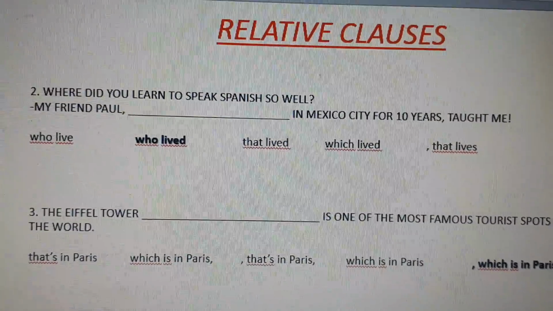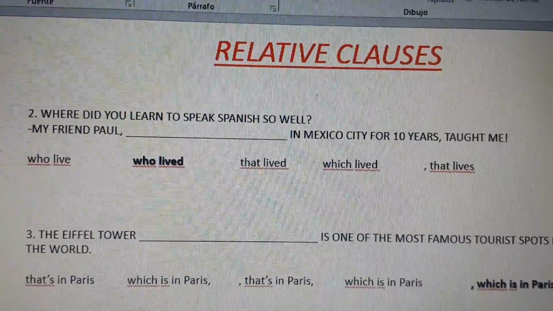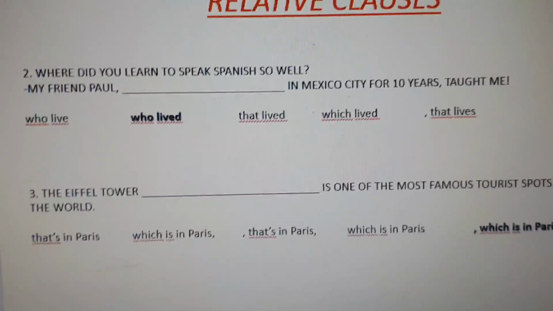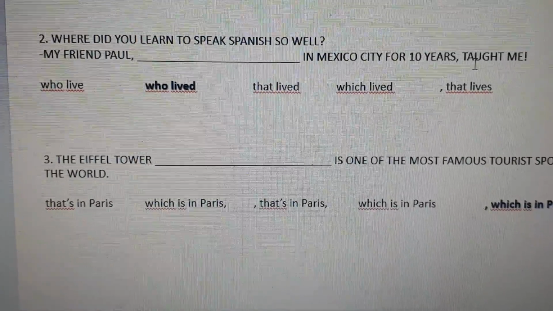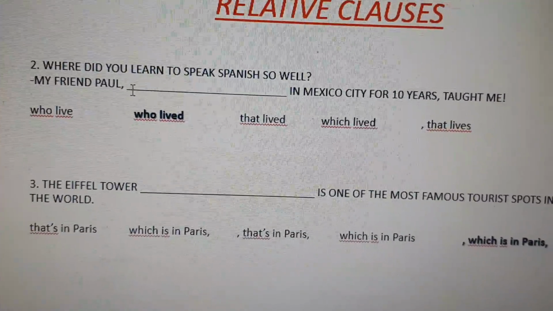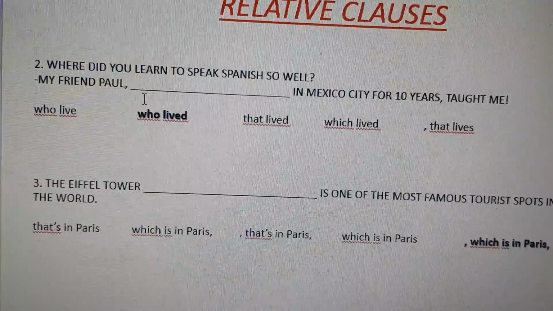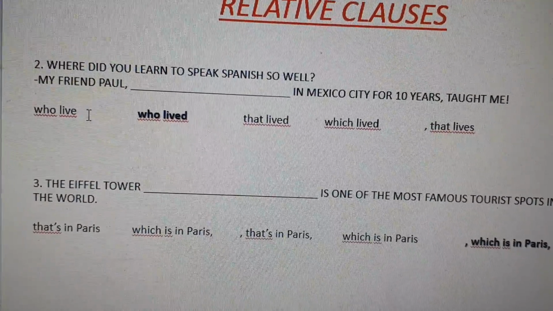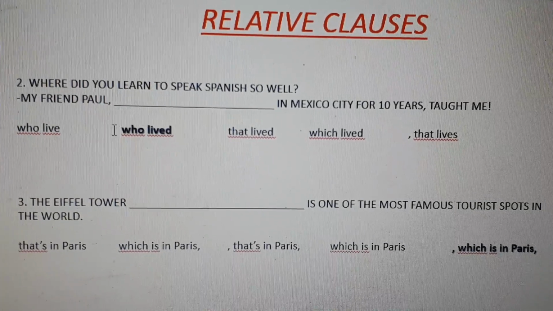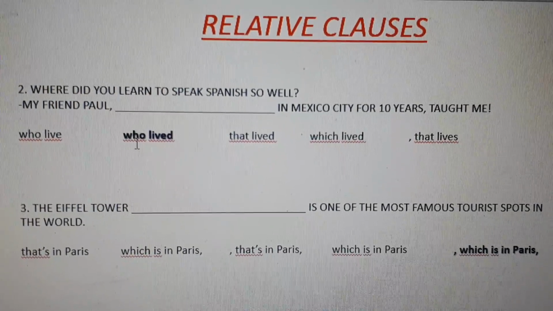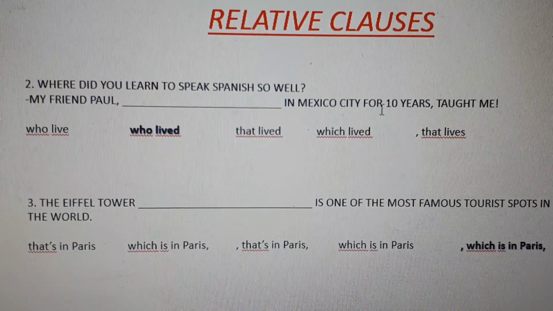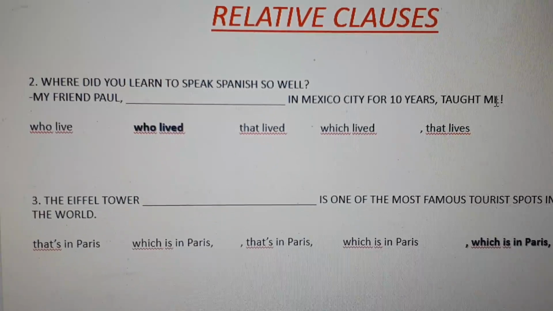So we need who lived, no, because it's simple present, and aparte, Paul es una persona. Entonces, en dado caso sería that lives. Pero para no revolvernos, my friend Paul, después de la coma, ya tiene la coma, entonces, ¿cuál de estos cuatro quedaría? Este no, porque está en presente. Como eso está en pasado y es una persona, sería who lived, ¿sí? Who is for persons. Quien vivió en México City por 10 años me enseñó.